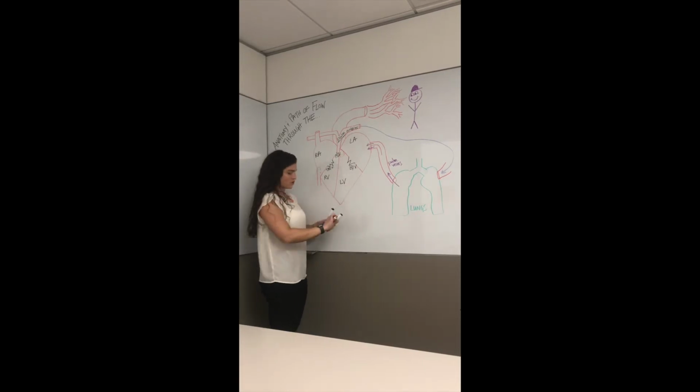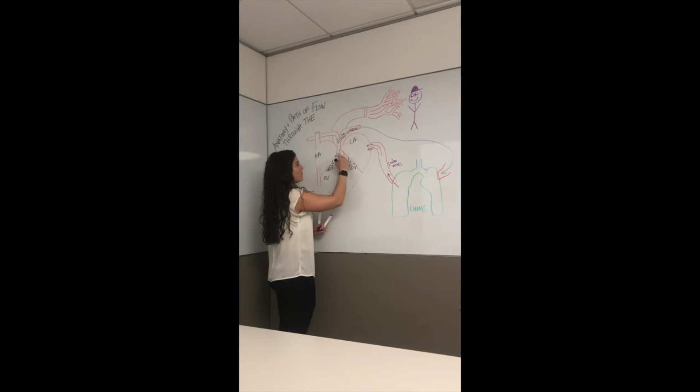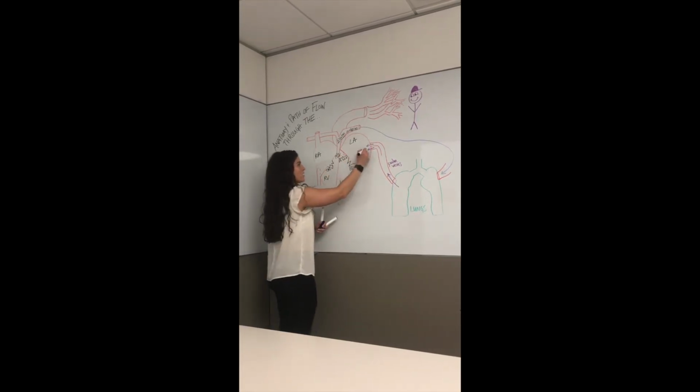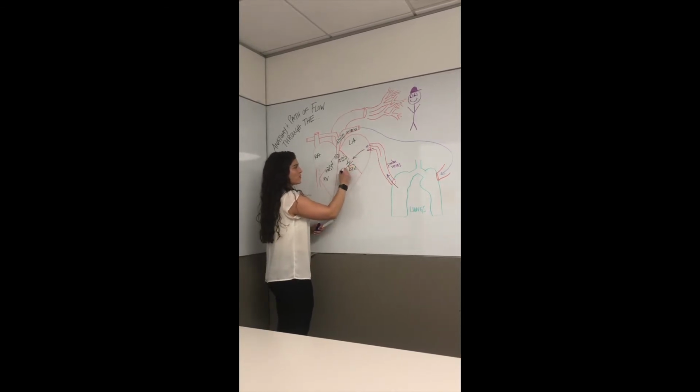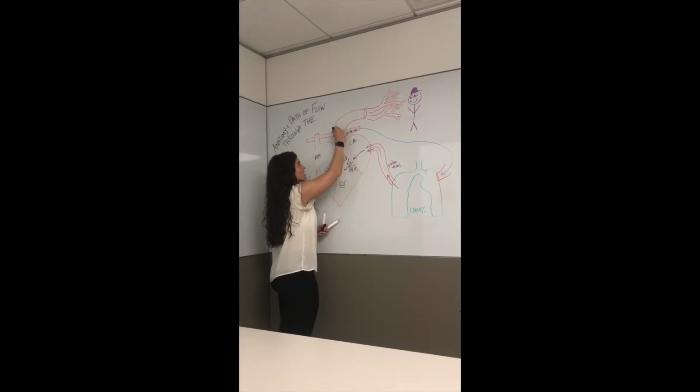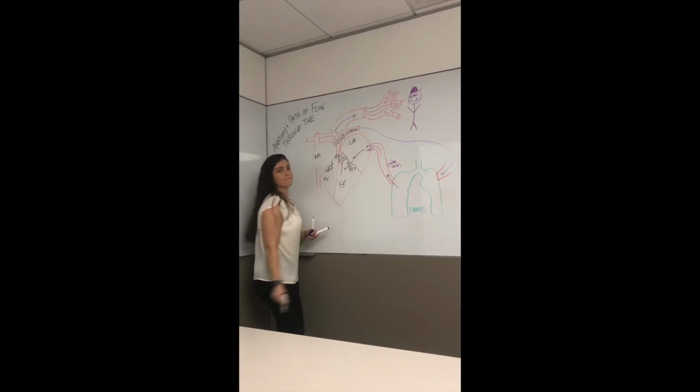And from the left ventricle, we are going to move through another valve right here called the aortic semilunar valve, entering what we know as the aorta. So here's our path again. We're going to move from the left atria through the bicuspid valve into the left ventricle, out through the aortic semilunar valve, which will bring us out into the aorta.